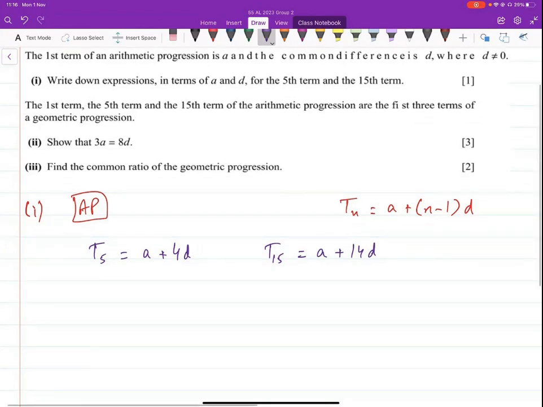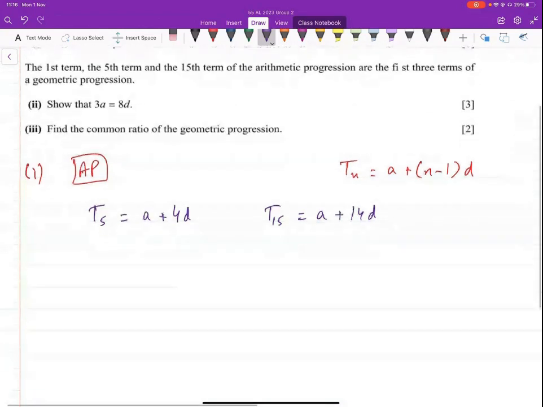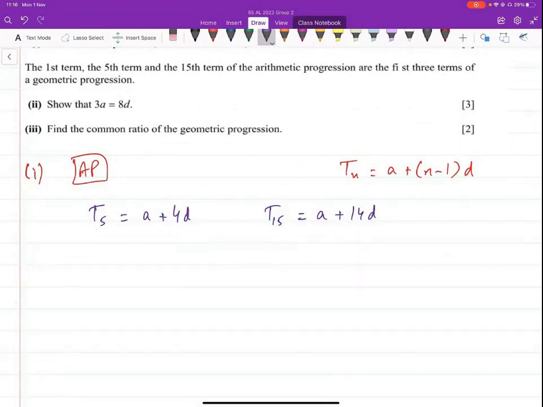Now in the second part, it says the first term, the 5th term, and the 15th term of the AP are the first 3 terms of a geometric progression. So these 3 terms of the AP, अच्छा AP के first 3 terms हमारे पास क्या होंगी? So let's call this term 1, term 2, term 3.